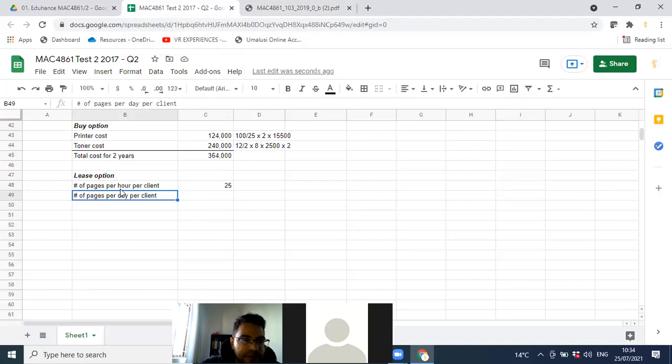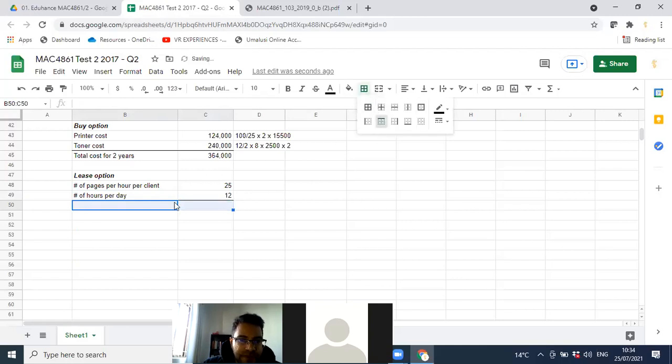So number of pages per hour per client, then number of hours per day. The number of hours per day is going to be 12 hours, from 6 a.m. to 6 p.m. Therefore, the number of pages per day.